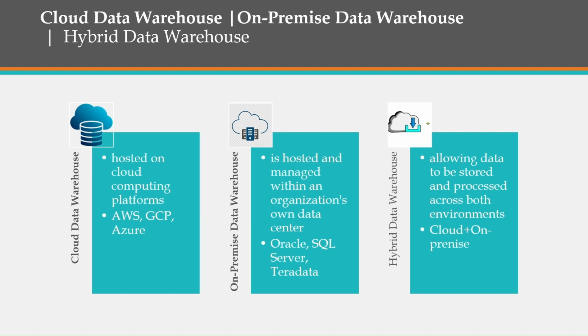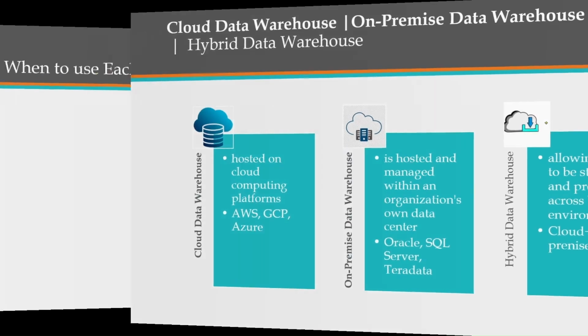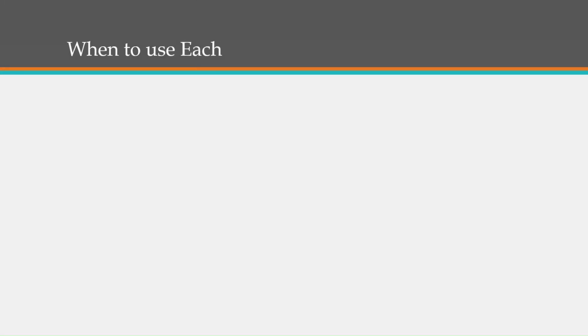While a hybrid data warehouse combines both on-premise and cloud-based solutions, allowing data to be stored and processed across both environments. It enables organizations to benefit from both worlds by integrating local infrastructure with the flexibility and scalability of the cloud. The main question is, when to use each?